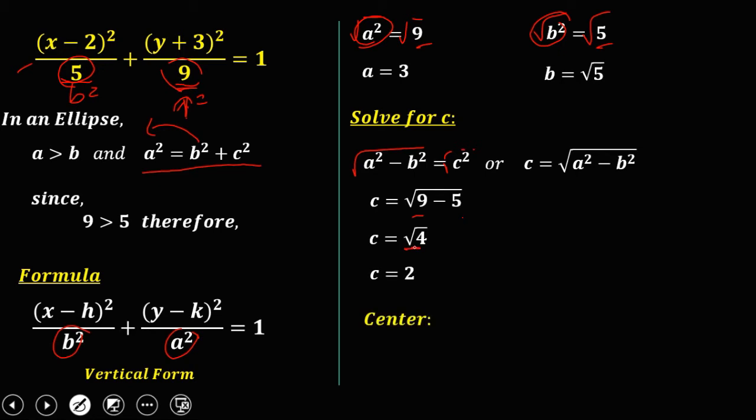Then for the center of an ellipse, that's h and k. From this given equation and this formula, we have h equal to positive 2, and k, since this one is positive, is negative 3. So h is positive 2, k is negative 3.